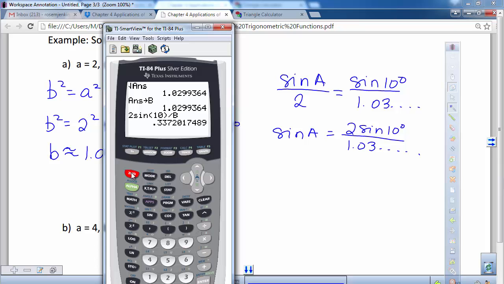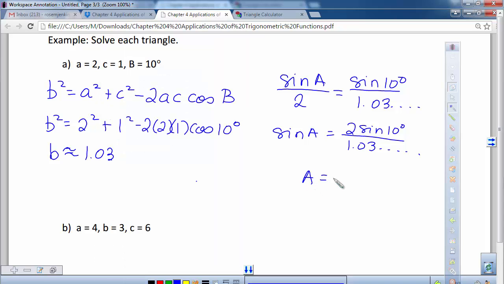Second sine inverse, second answer, I get 19.7 approximately. So A equals 19.7 degrees. Okay? And then from there, I can figure out C that goes with that.